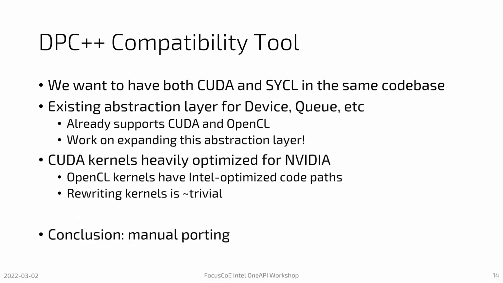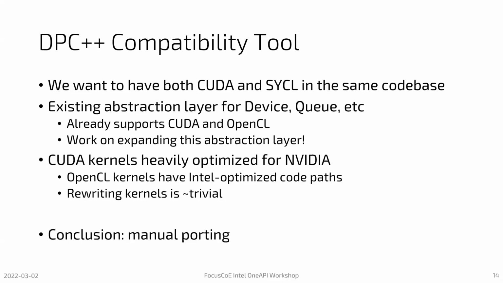We first considered using the DPC++ Compatibility Tool that can transform CUDA code to SYCL. But the problem is that it's not that much of an effort to actually port the kernel. Of course, it's quite a bit of work, but it's relatively trivial.